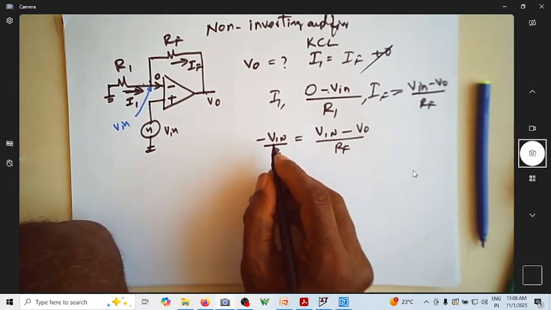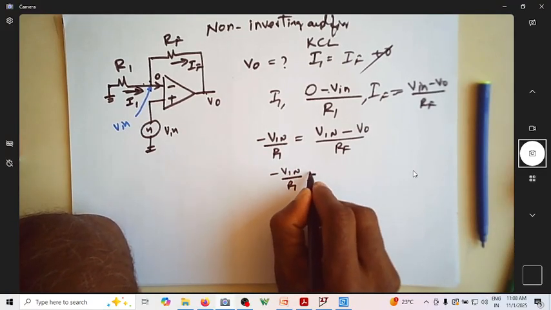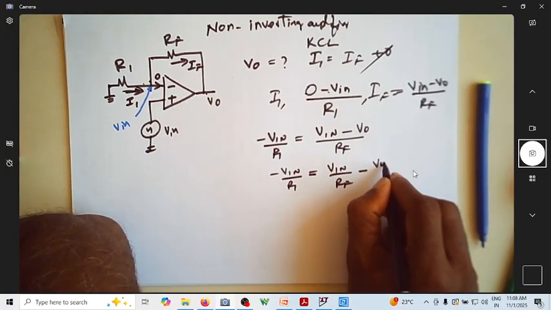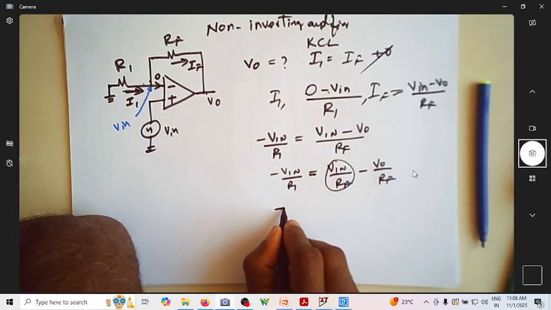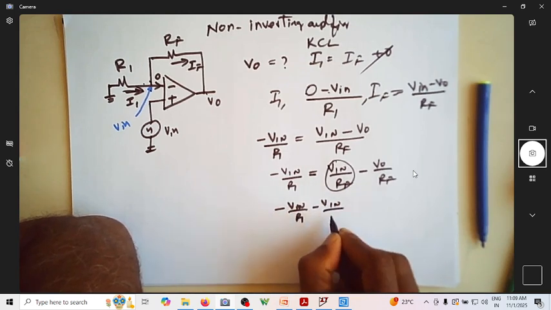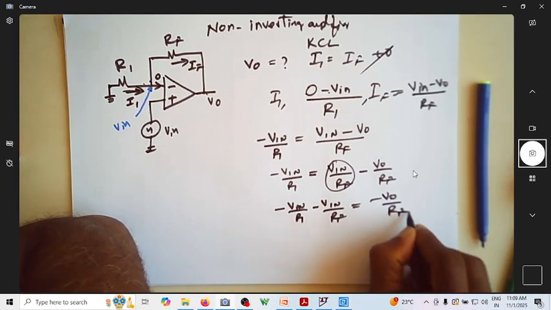Can we rewrite this as minus Vin by R1 equals Vin by RF minus V naught by RF? I can put this onto the side, then this will become minus Vin by R1 minus Vin by RF is equal to minus V naught by RF.